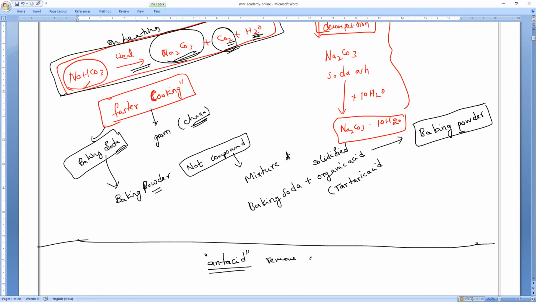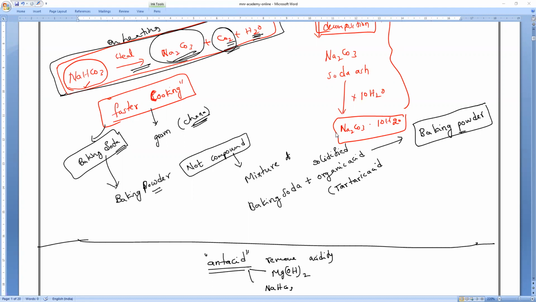One is milk of magnesia and another one is sodium hydrogen carbonate. We can also call it sodium bicarbonate. Sodium bicarbonate or sodium hydrogen carbonate will help us to remove the acidity of the stomach.